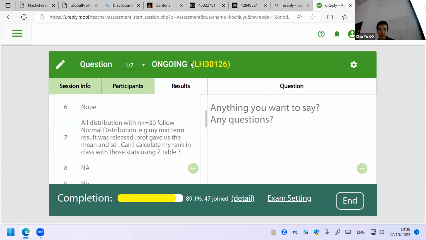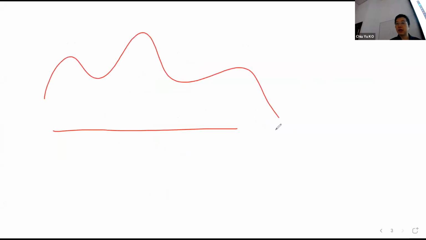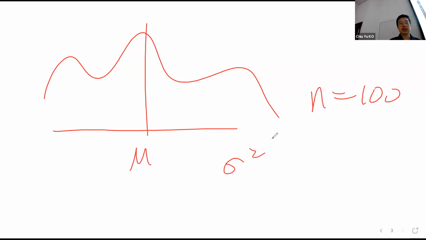I have to be a little more careful here. If the underlying is whatever, even though you take n as 100 students, it gives you the mu and the sigma, it doesn't tell you anything. The central limit theorem applies to the sample mean. The sample mean may be a bell curve.